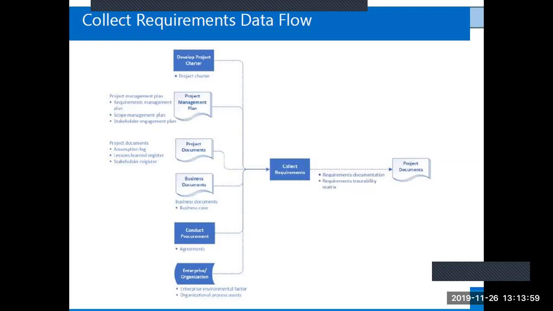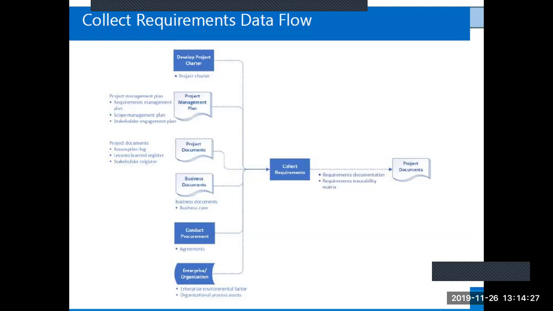Then you have project documents like assumption log, lessons learned register, and stakeholder register. All these move together with the business documents for you to collect requirements effectively. This is very important. Agreements is part of it, and EF and OPA. Collecting requirements is one of the biggest scope efforts in project management.